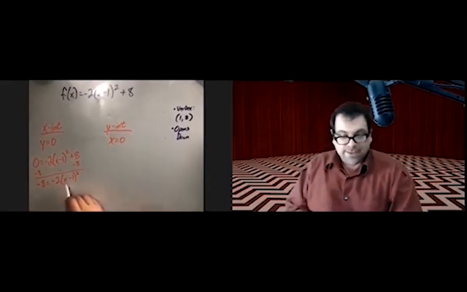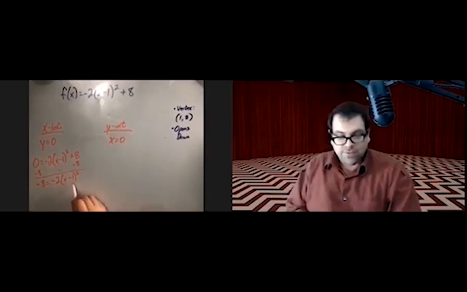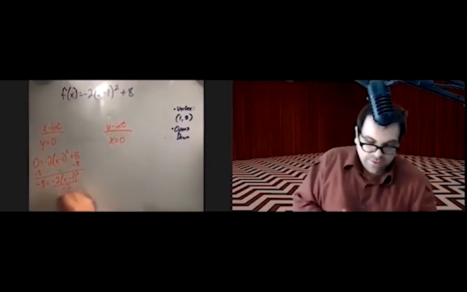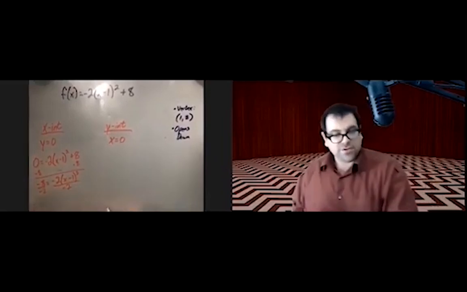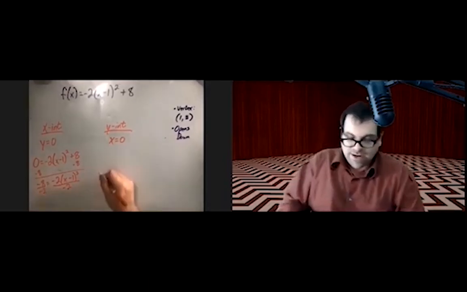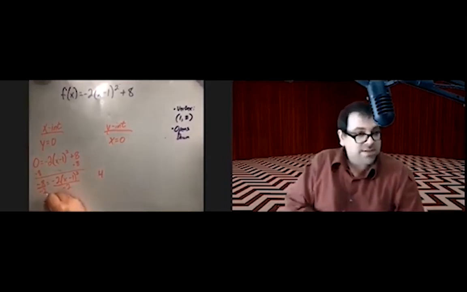We want to get the x, so we want to get the x minus 1, which means we need to get the x minus 1 squared, which means we need to get rid of multiplying by -2. So divide both sides by -2. -8 divided by -2 is +4.